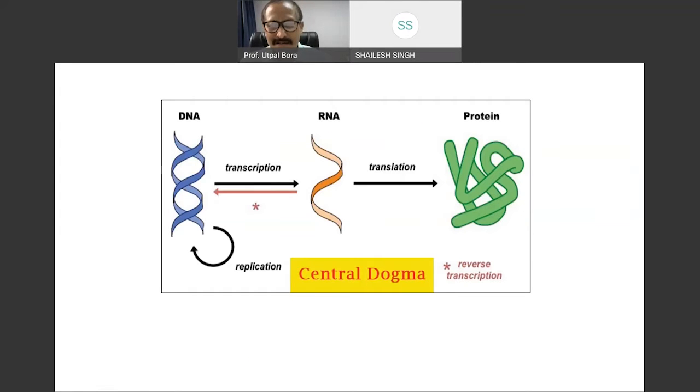You know about the central dogma of molecular biology. Those who don't know and are from other disciplines, but may have studied it in high school, let me give you a revision of the concept. Our genetic information is stored in the double-stranded DNA molecule, which does not do any work itself.